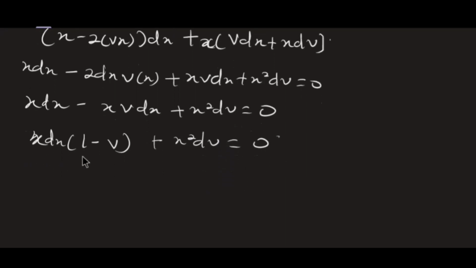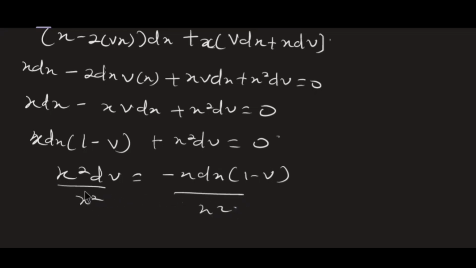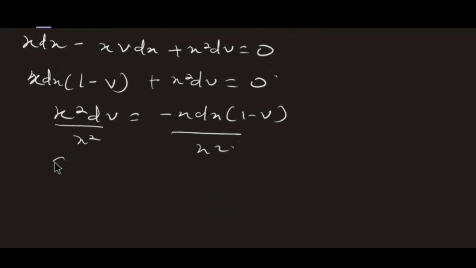So at this point, I'm gradually separating what I have. So I'm going to get x squared dv will be equal to negative x dx (1 minus v). I will then divide through by x squared. So I'm going to get dv equals negative x over x squared dx and (1 minus v). I can then divide through by 1 minus v.